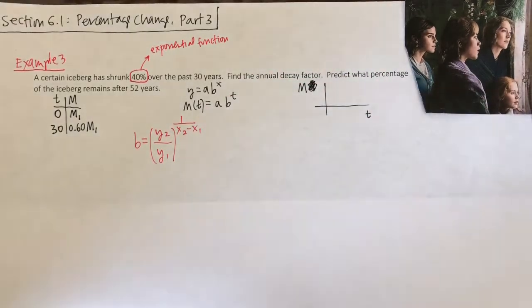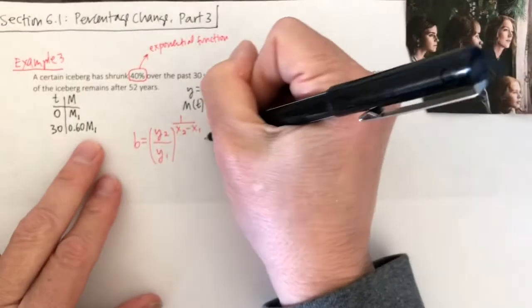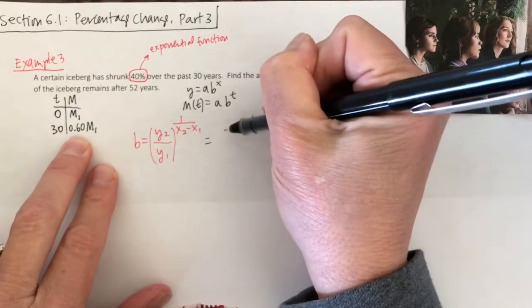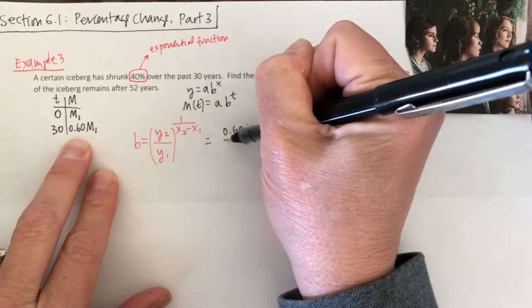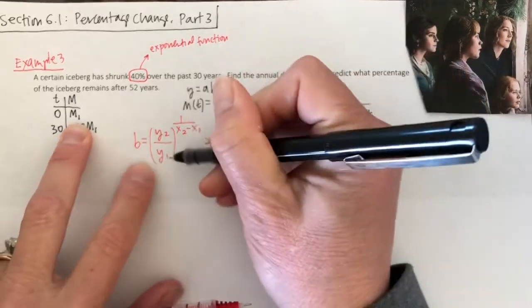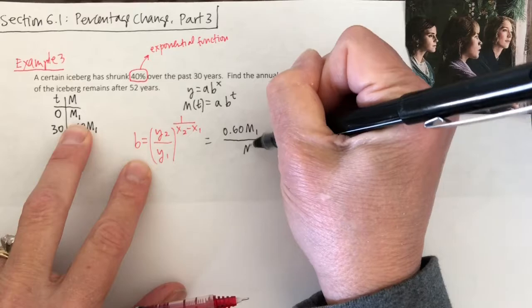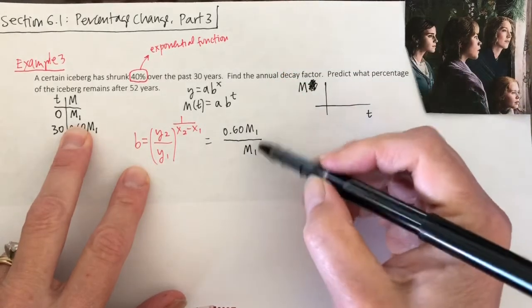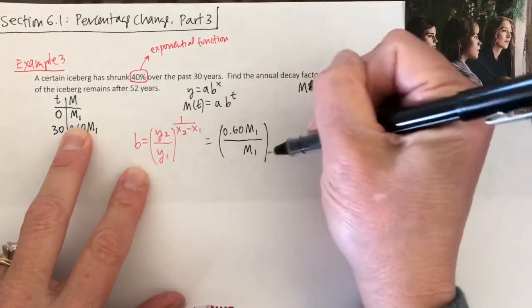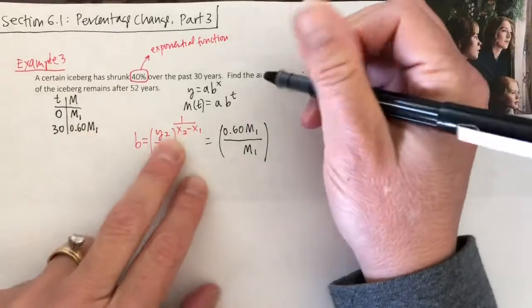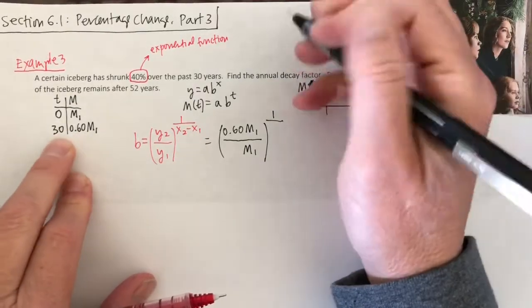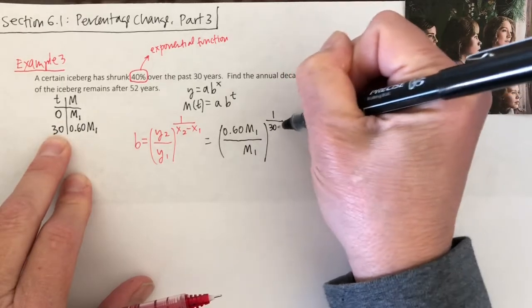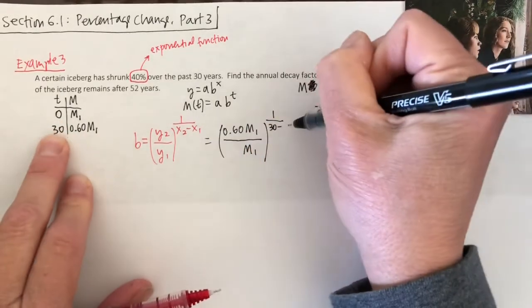In my case, my second y value is 0.60 of the initial mass, and this is my first y value, M1. Things are looking pretty good because I see that these are going to cancel out. That's handy. And then it's raised to the 1 over my second input value, which is 30, minus my first input value, which is 0.